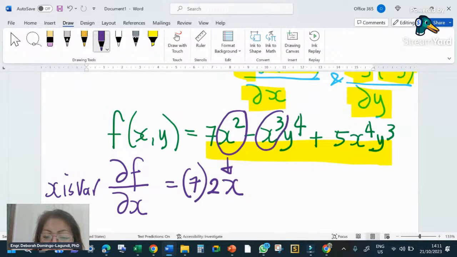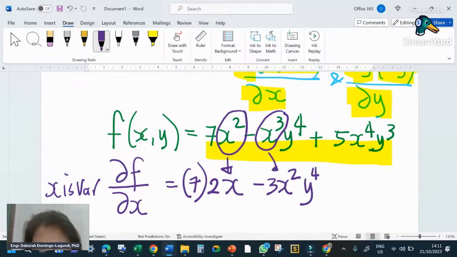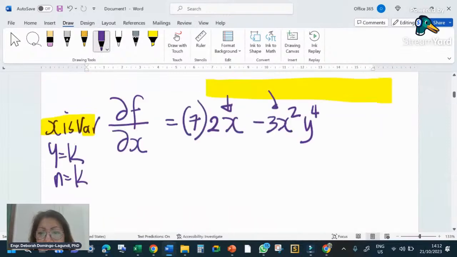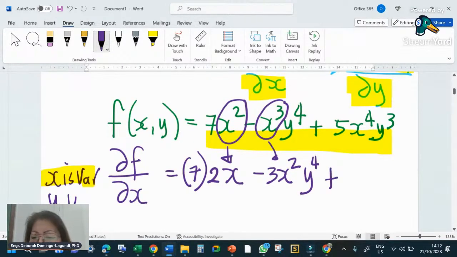Here, x cubed will be the variable, so you do minus 3x squared. You just copy your y to the fourth because that is a constant. When x is a variable, then y becomes a constant, and other numbers are also constants. Now, plus, x is a variable, so x to the fourth is 4x cubed.